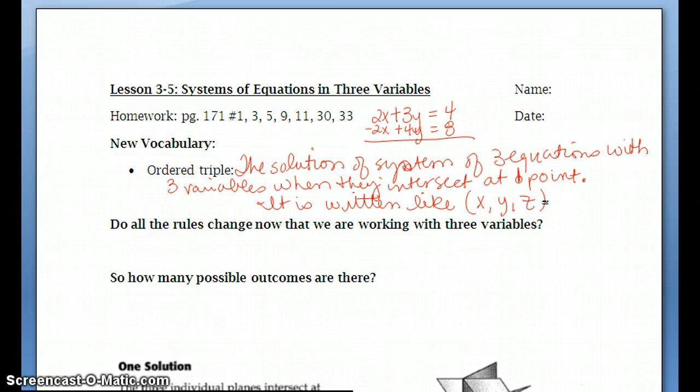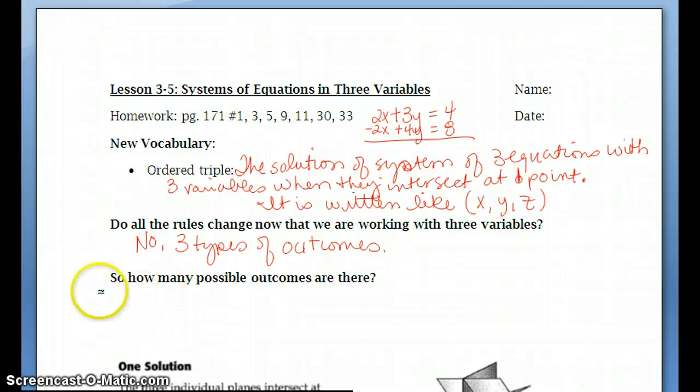So the next question is, do all the rules change now that we're working in three variables? And what I was just saying a minute ago is no, there's lots of similarities between the two equations and two variables. One thing that's similar is there's only three types of outcomes. So your solutions can be one of three outcomes, just like when we did two variables and two equations.